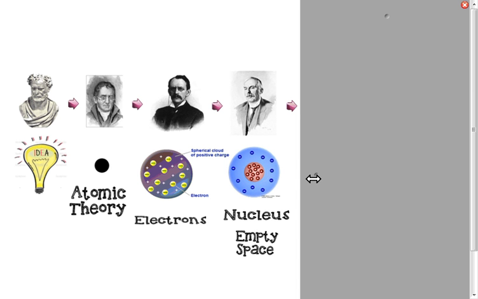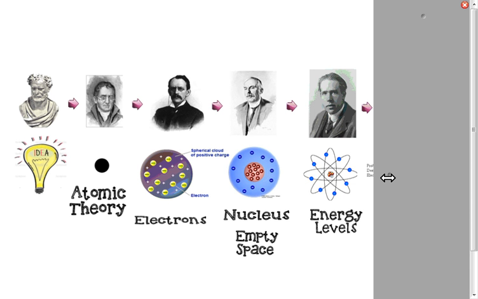He realized that first, the atom was made up of mostly empty space, and the deflections that were occurring were consistently in the exact same spot in the atom, and that was in the middle. He concluded and named it the nucleus, and that's where all the positive area is. Then he knew the electrons are on the outside. He did not know where, but he said that the electrons were in this empty space.